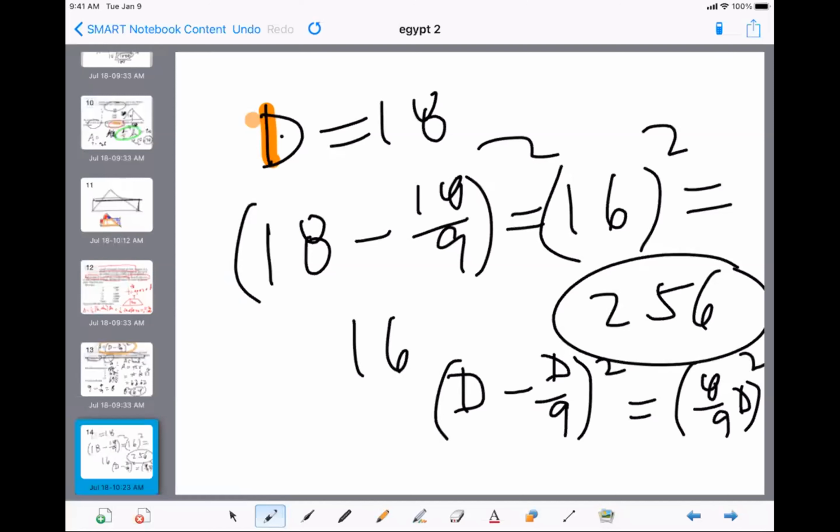You're losing the d minus d over 9, which is like a clue. 8 ninths would be a hard fraction for them to write. But I like this formula. Now the question becomes, where does this formula come from?